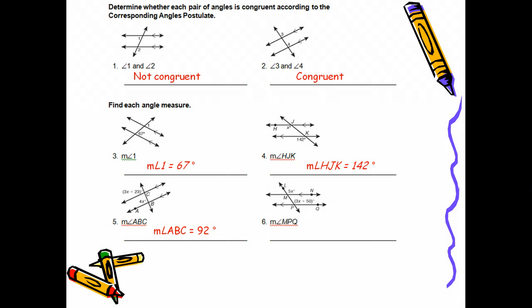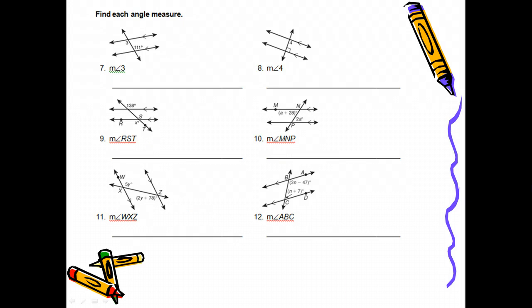For number 6, once again, we can set 5x equal to 3x plus 50. And when we solve for x, we get 125 degrees for our angle. Let's try some more.